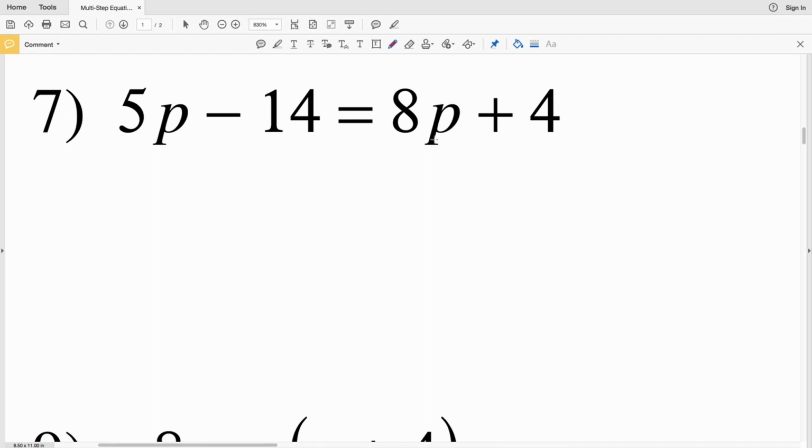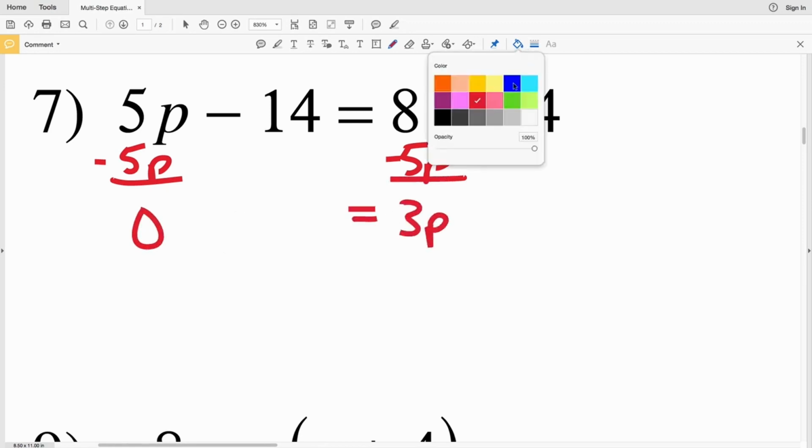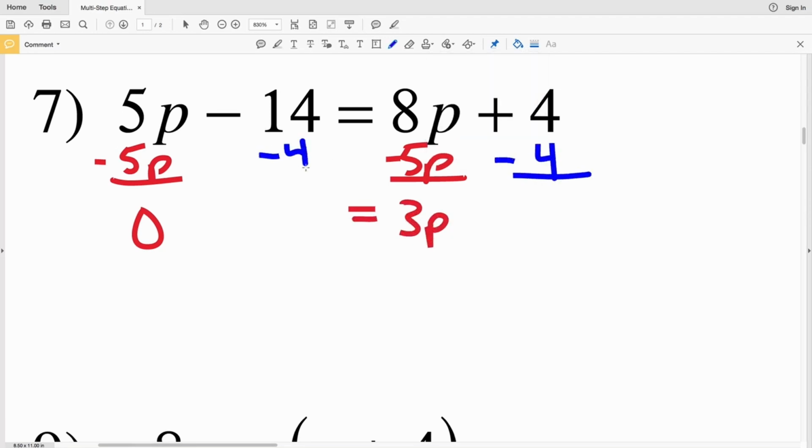Now for number 7, I'm going to subtract a 5p from both sides, and that'll leave me with 0p, or 0, and on this side I'll have 3p left, and I'm also going to take away 4 from both sides. A negative 14, since this 14 is being subtracted, minus 4 is going to be a negative 18, and that's equal to 3p. 4 minus 4 is 0.